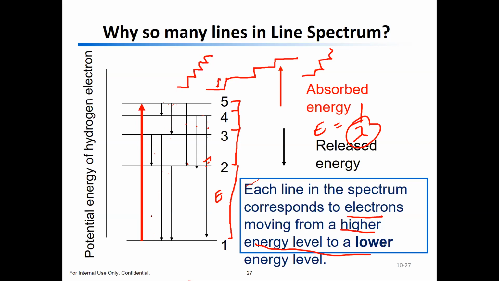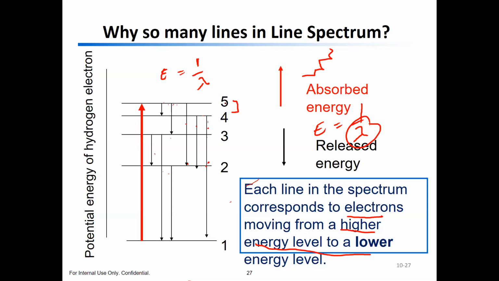Sorry, would 4 to 5 be dim and 5 to 1 be bright? Yes, let's examine this. 4 to 5. This is E equals hc over lambda, but we know c is a constant, h is a constant, so we're just going to say E is proportional to 1 over lambda.